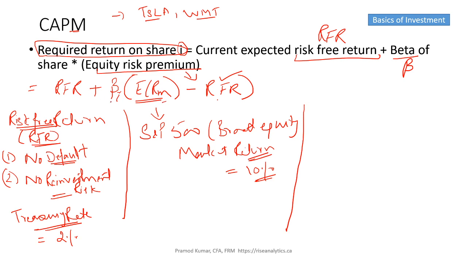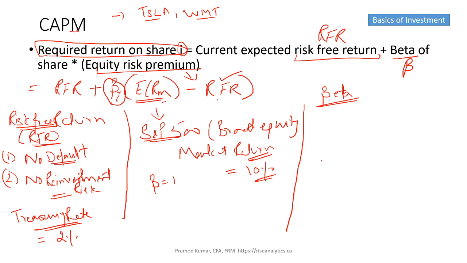The third component is the beta. Beta is the market risk, or the systematic risk. The beta of the broad-based index is 1.